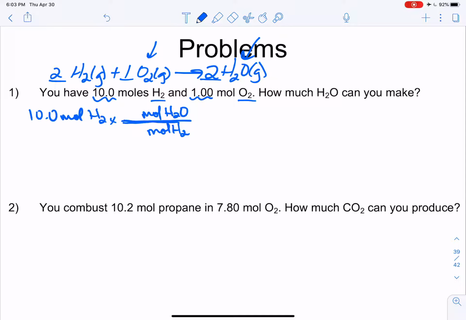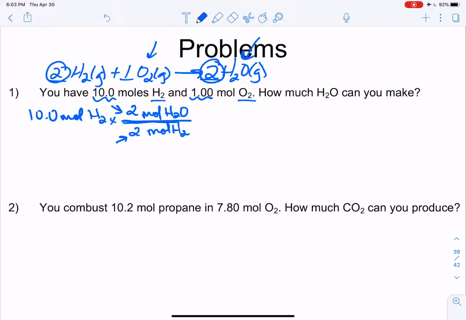Now, where do I find the numbers that go next to mole in the numerator and the denominator? I find those right off of the balanced equation. So for every 2 moles of hydrogen gas you consume, you're going to produce 2 moles of water.